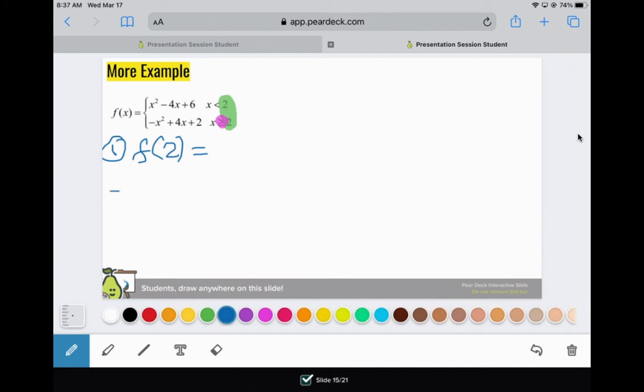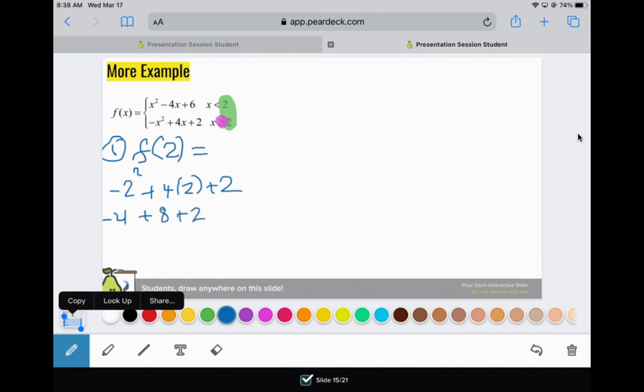Negative 2 squared plus 4 times 2 plus 2. Negative 4 plus 8 plus 2. Do you have to do it step by step? Probably not. If you have that graphing calculator, plug it in. This can be 4 plus 2, so this is 6.